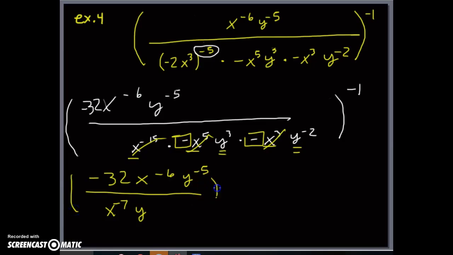This is now simplified. Now what we have are quotient rule, so we can go ahead and divide. We can divide our x's and our y's. Negative 6 is larger than negative 7, so we'll keep the x in the numerator. And 1 is larger than 5, so we'll keep the y in the denominator.